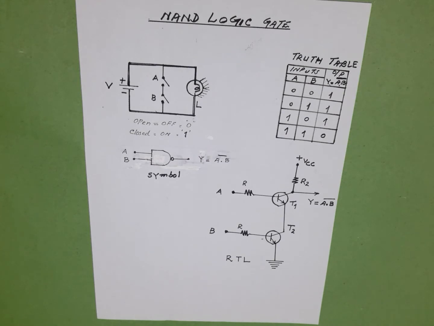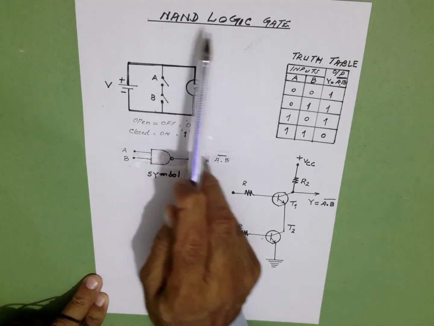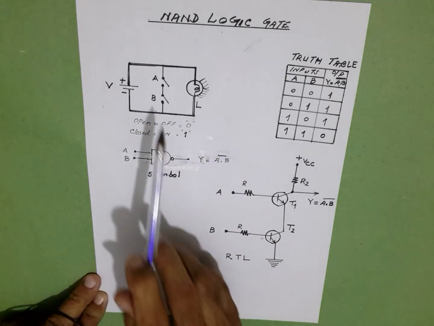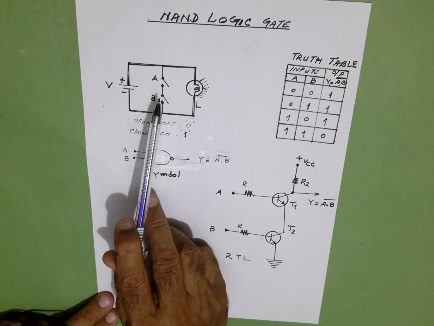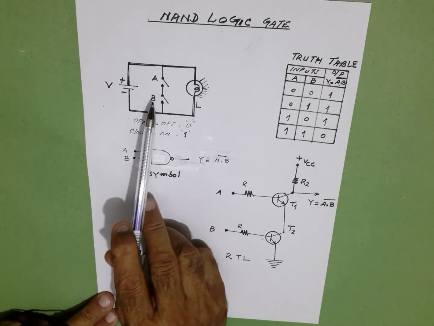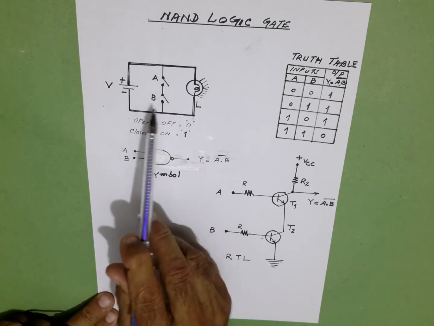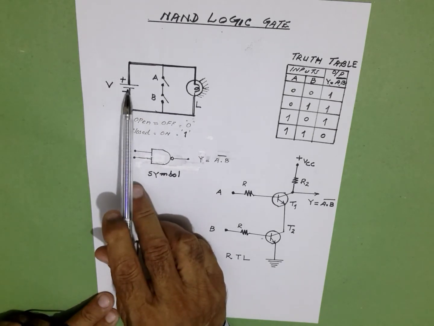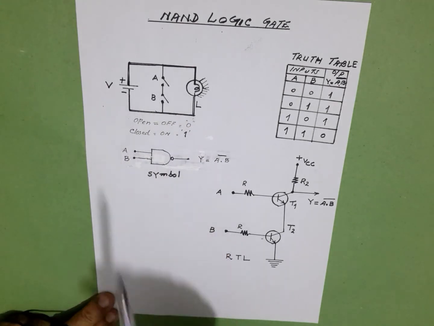These universal gates are used in almost all digital logic families. Now looking at the circuit, it is a NAND logic gate. This logic function can be performed by using two switches, switch A and switch B, a battery and a lamp, which are in parallel.